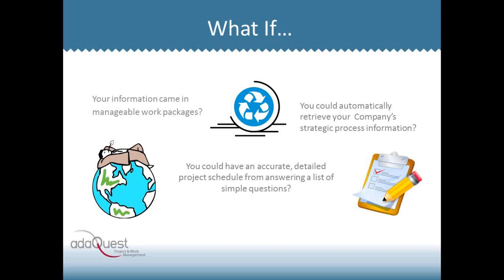Good question. What if there was a systematic way to capture your company's strategic process information? Our customer had a way to get certifications done more quickly than the competition, but the competition will also be able to do it more quickly than them eventually. So they have to be able to further improve.